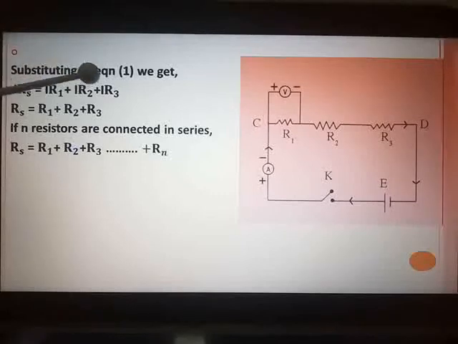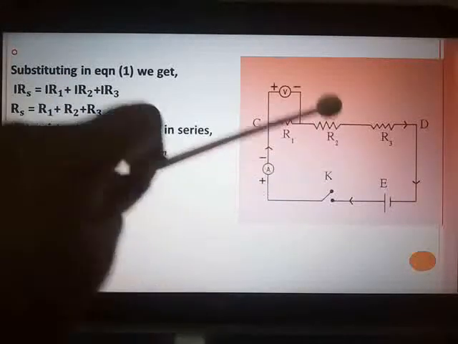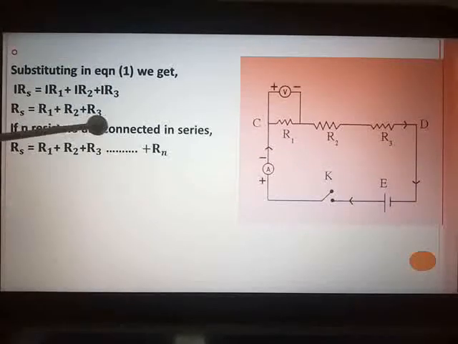If I is taken common on both sides, it will get cancelled off. So RS is equal to R1 plus R2 plus R3. This is for three resistors which are connected in series. But for n number of resistors connected in series, RS is equal to R1 plus R2 plus R3 plus up to Rn.